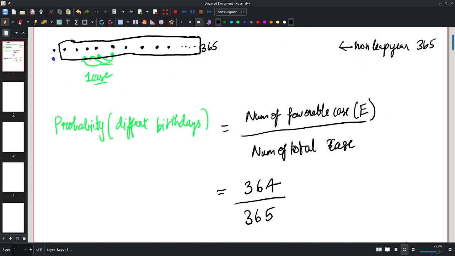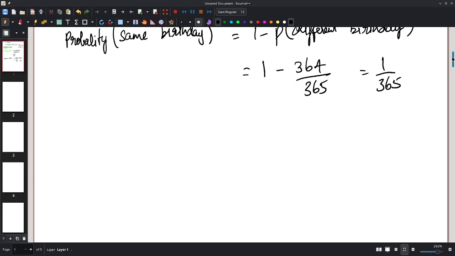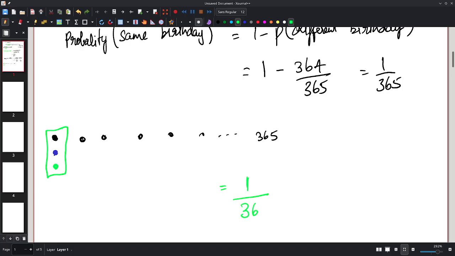So that's fine. How is it visualized easily? The same as before, you just put dots up to 365. So this is 365 dots. The same birthday can happen in only one case, when the two persons are on the same date, right? So the two persons should be on the same date for this to happen, which means this is one case that should happen out of the total 365 cases.